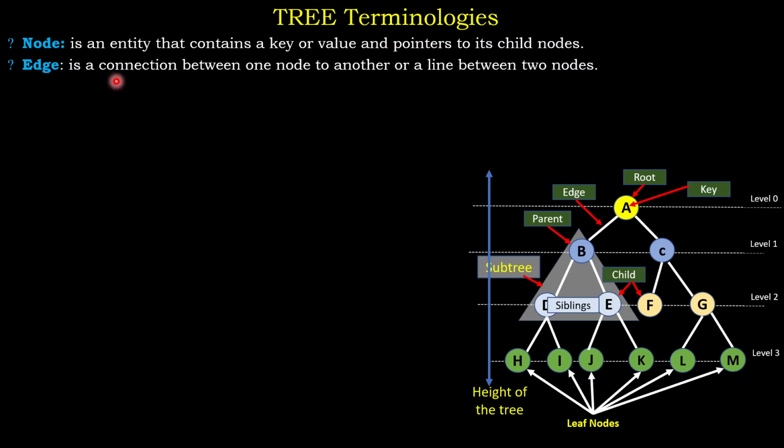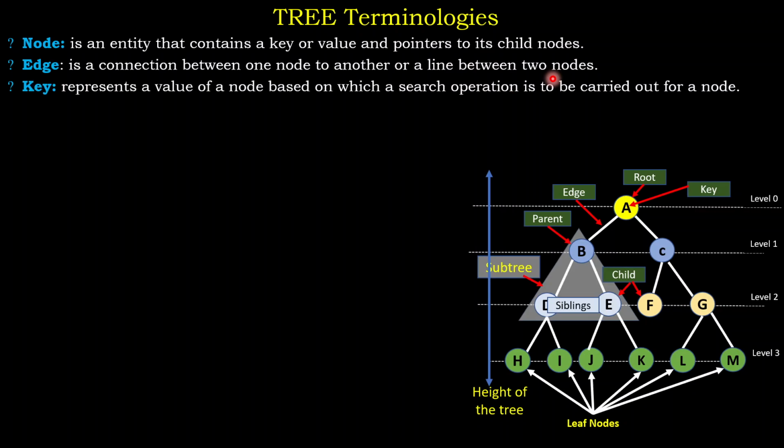And an edge is the connection. I have told you about this line: it is the connection from one node to another node, a line between two different nodes that we navigate along. The key value represents the main value carried by a node. If you separate these, b is one value, so b can be a key, and c can be a key.